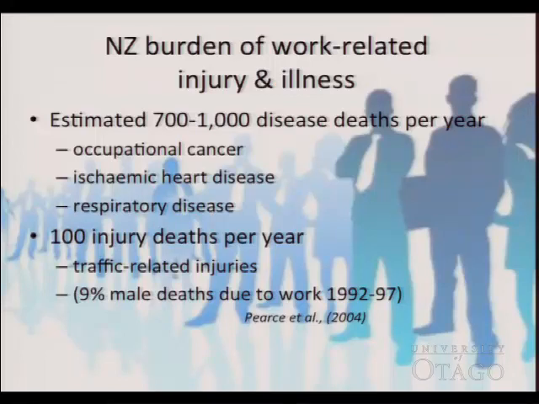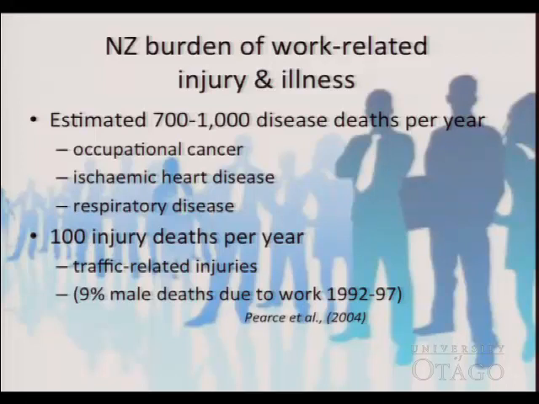So an exposure may have occurred maybe 20 years before an outcome actually occurs, and making that link between the exposure and the outcome can be very difficult when we don't have records on people's occupational histories, for example, and the sorts of exposures that they might have had in a certain workplace. So these figures can be quite variable and they're not particularly accurate, but these are the most accurate and robust estimates that we have at the moment.